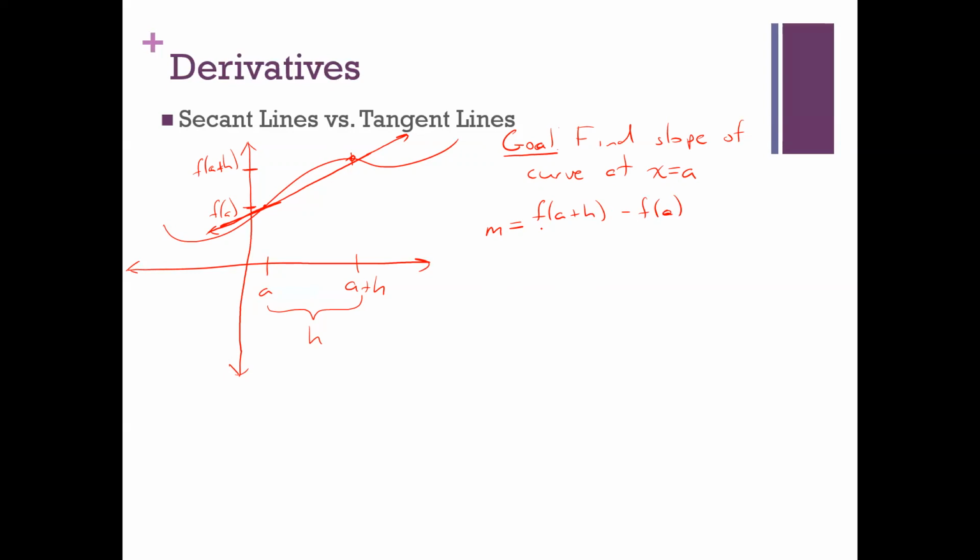So that's like your y2 minus y1. And then a plus h minus a, right? Take one move to simplify. So I'll pause there while you're both talking. Are we okay?